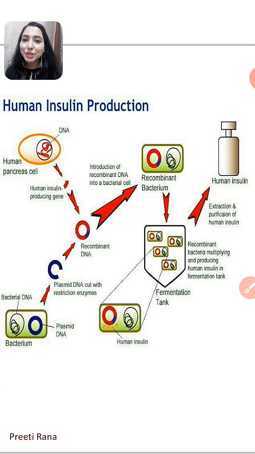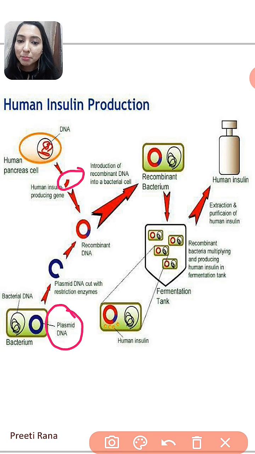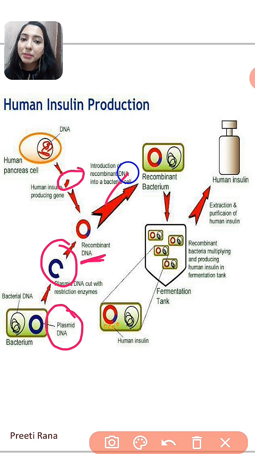This diagram shows the production of human insulin in lab conditions. For this, first we have to take pancreatic cells which are good at producing human insulin. Then the plasmids are extracted from the bacterial cell. The gene which produces insulin is combined with the vector to form recombinant DNA. That recombinant DNA is incorporated in the bacterial cell, where it multiplies to form its clones.